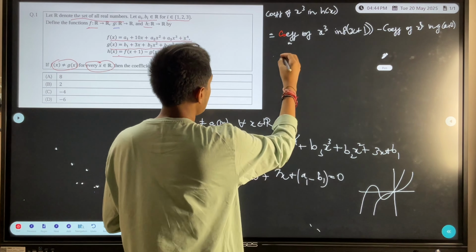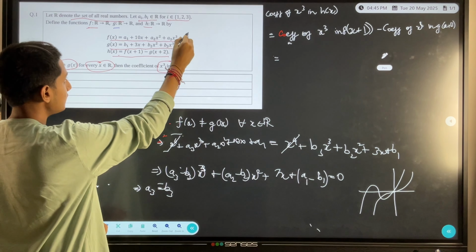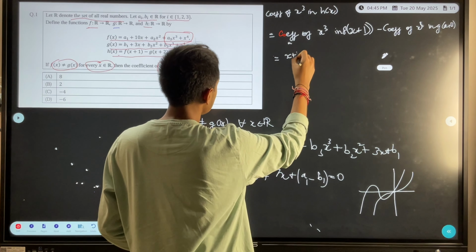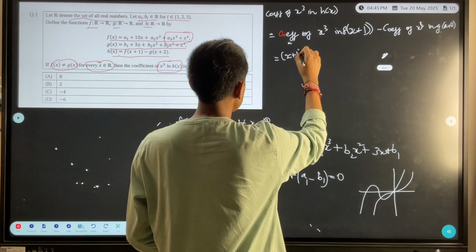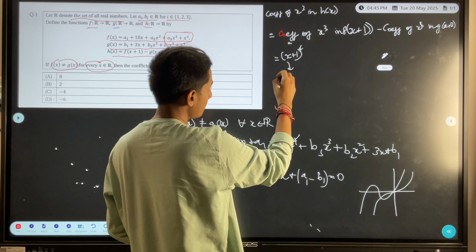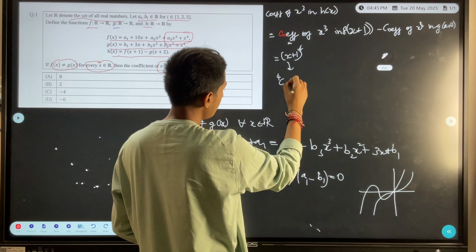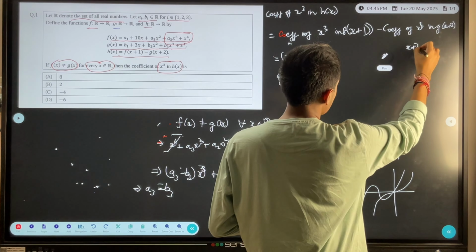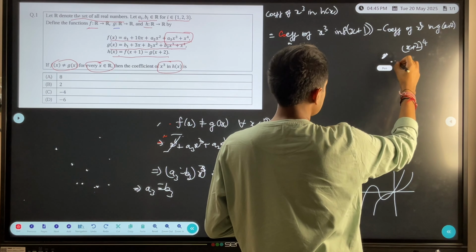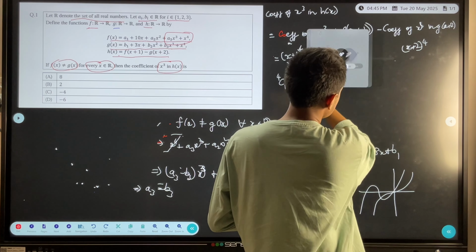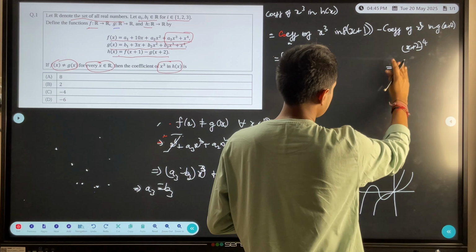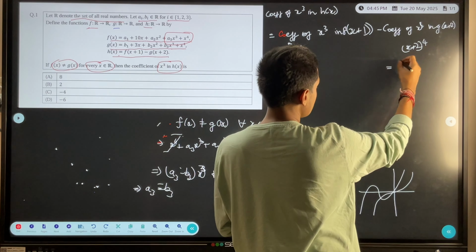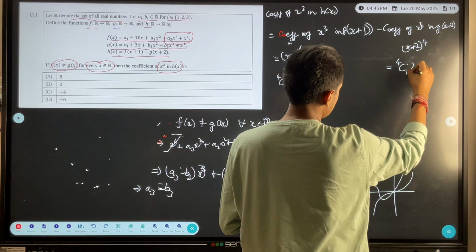So for f(x) we have only these two terms, so that would give us (x plus 1) whole power 4, where the coefficient of x cube will be 4c1 into 1 power 1, all right, and here we'll have (x plus 2) whole power 4, which will give us 4c1 into 2 power 1, all right.